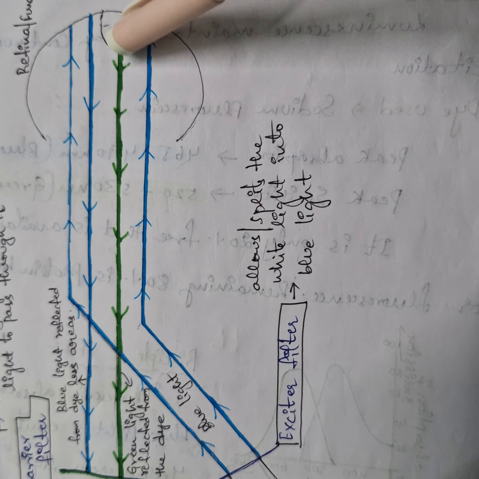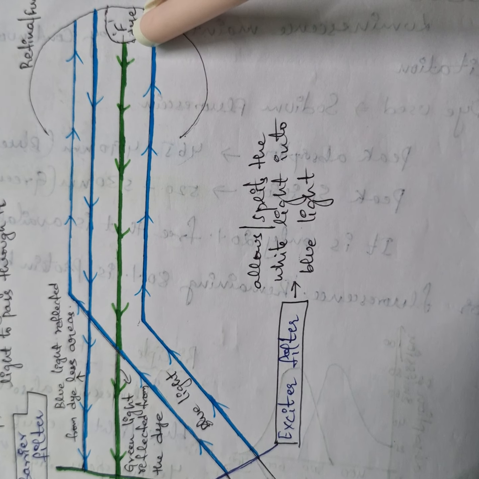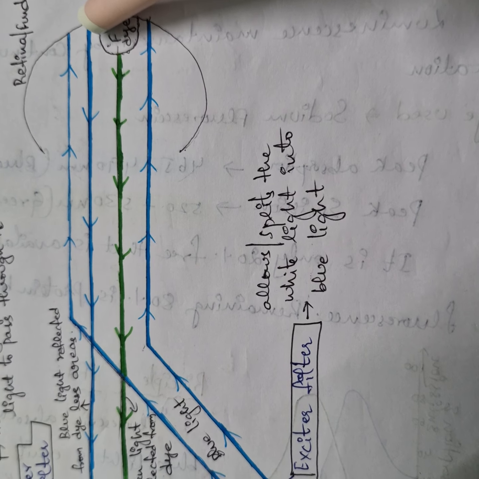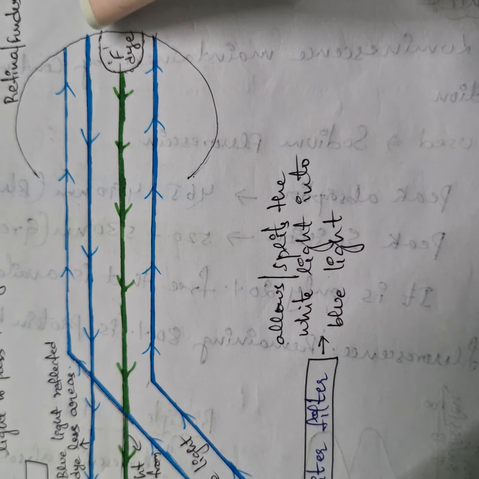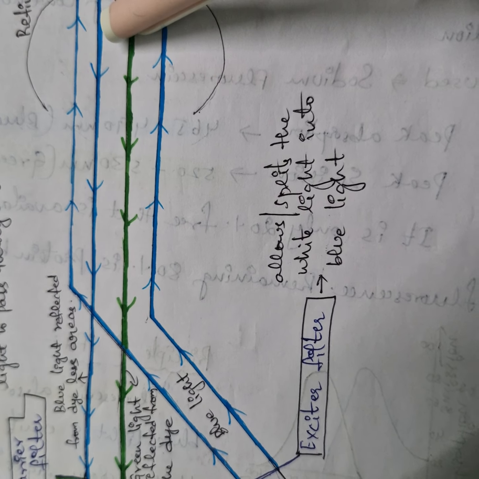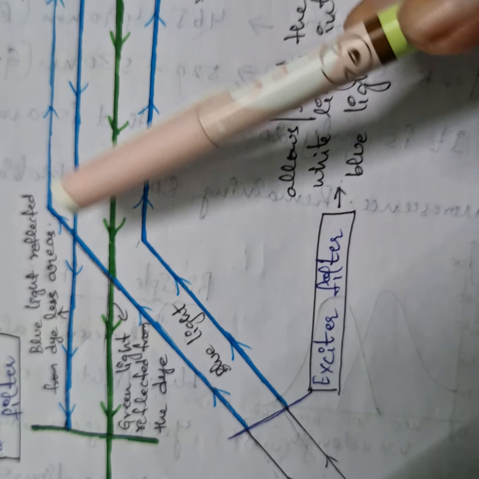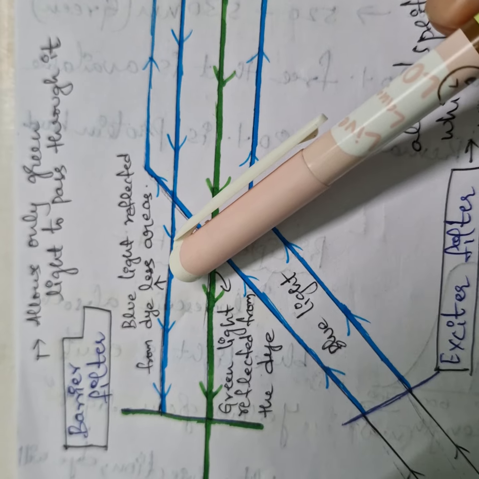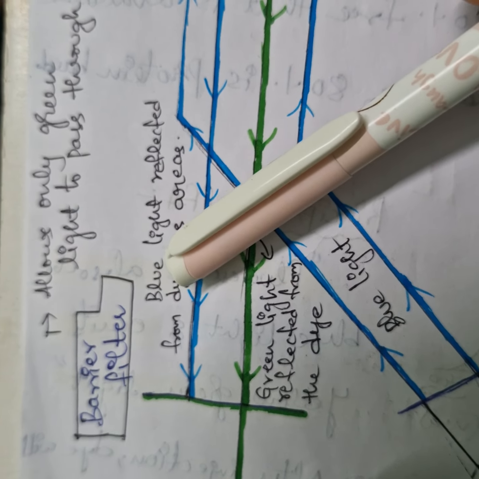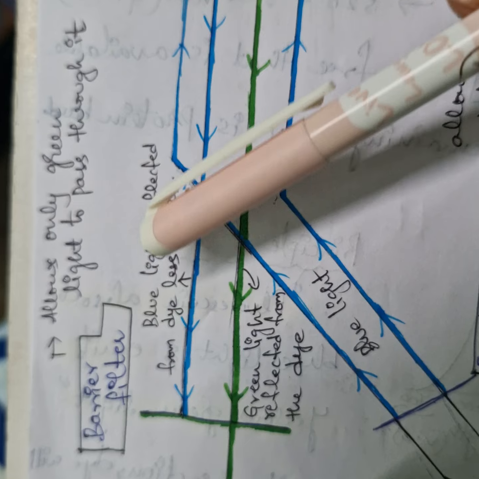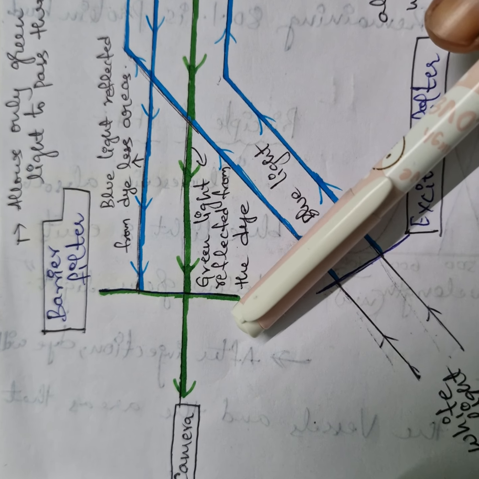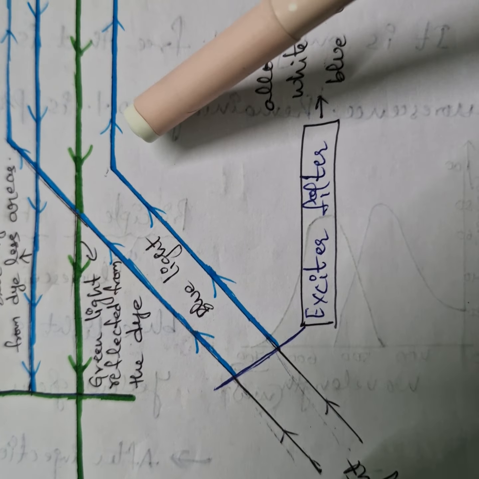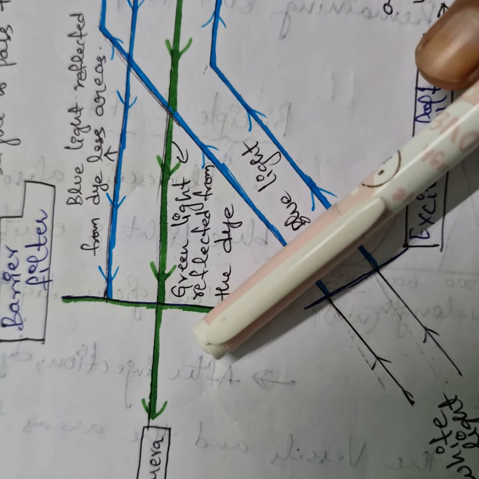The areas containing the dye will absorb this blue light and in turn emit green light, whereas the areas not having the fluorescent dye will reflect the same blue light which has been transmitted to them. Both the green and blue lights pass through another filter called the barrier filter, which allows only green light to pass through it. Finally, it is the green light from the dye-containing parts of the retina that can be seen through the camera.